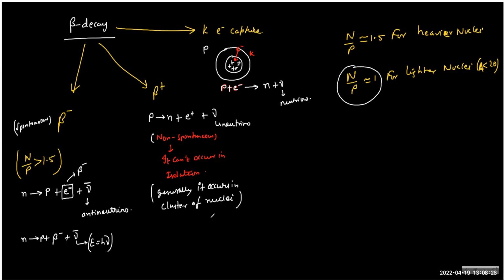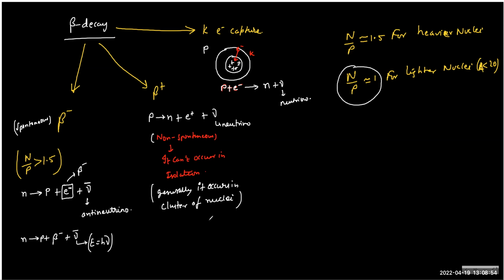But in K electron capture, the energy requirement is not the issue, because we are not converting something lighter into something heavier. Rather, the electron is consumed by the proton and then a neutron is produced. Therefore, the K electron capture dominates the beta plus decay in any nuclear reaction.